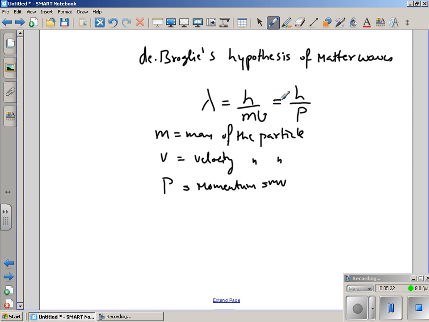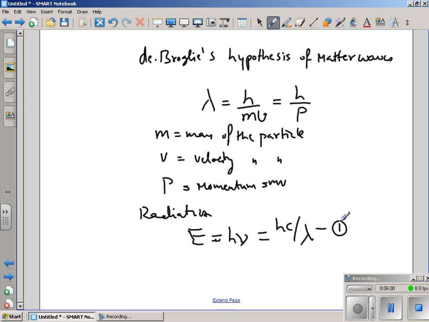In the case of radiation, we can get this equation by comparing with radiation. According to quantum theory, that is Planck's theory, radiation travels in the form of photons, and the energy is given by E equals h nu, or hc by lambda, where c is the velocity of radiation and lambda is its wavelength in vacuum.